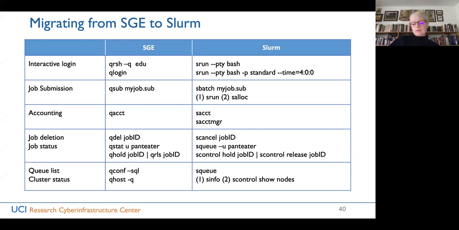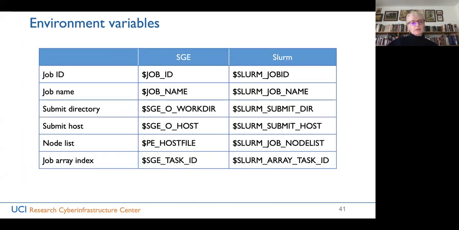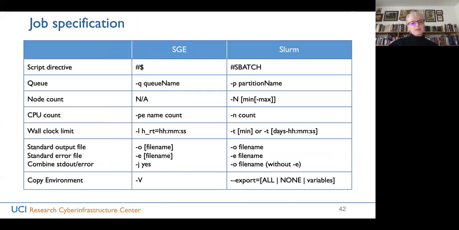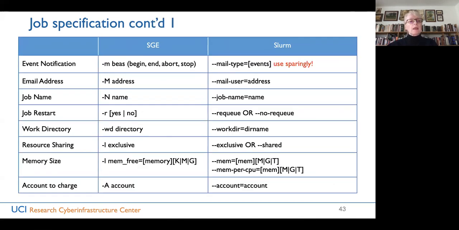Here are commands for login, for job submission and accounting, job deletion and status, for queue information, comparison of environment variable names between SGE and Slurm, job specification, what one needs to use as far as input, output, partition, and so on.